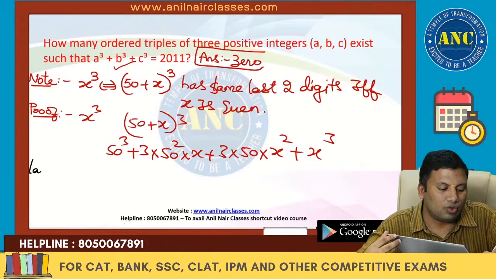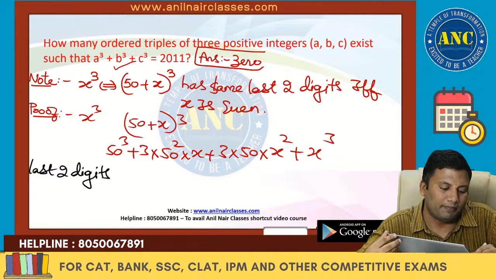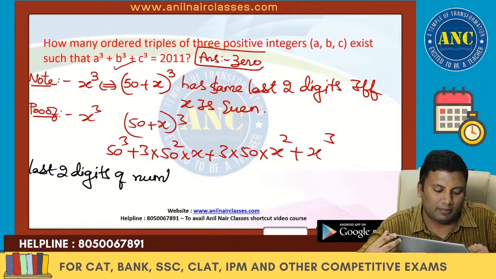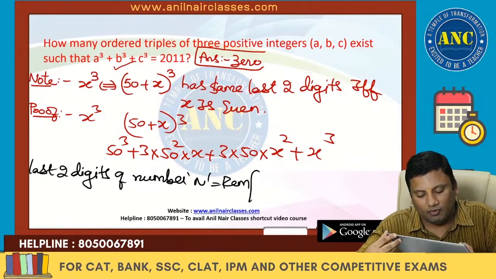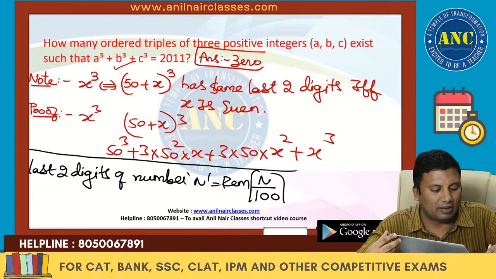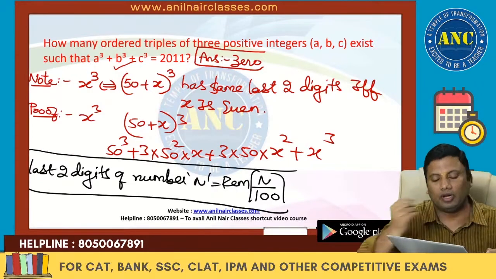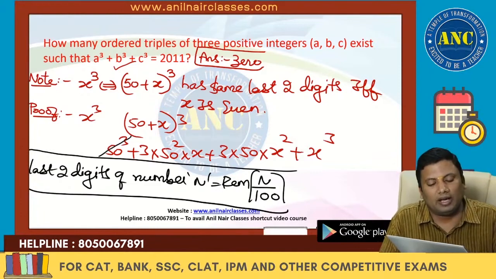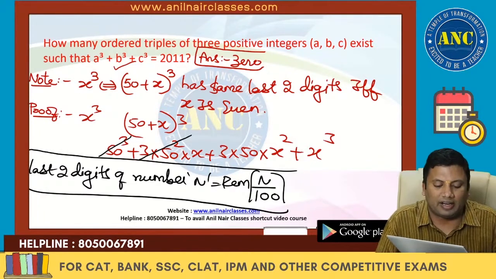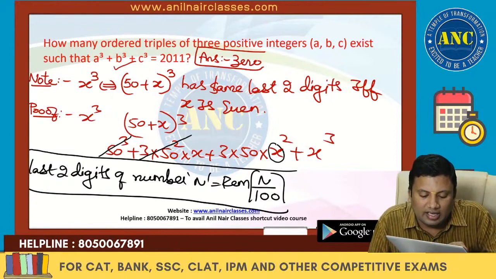The last two digits of any number are nothing but the remainder when you divide the number by 100. 50 cube is perfectly divisible by 100. 50 square is perfectly divisible by 100. X is even.